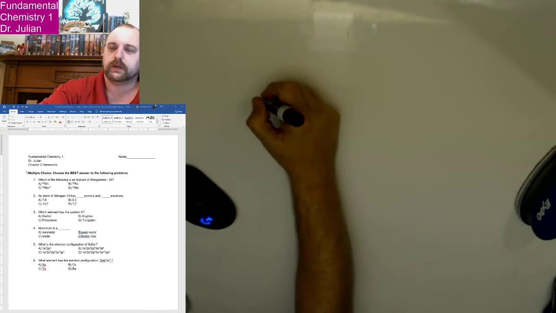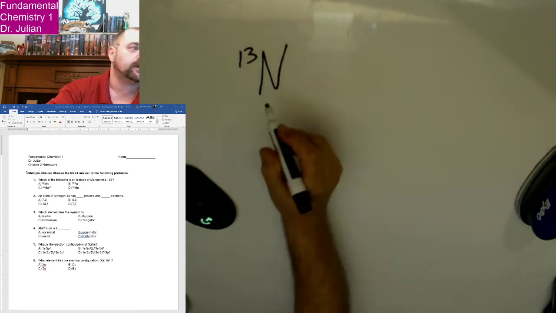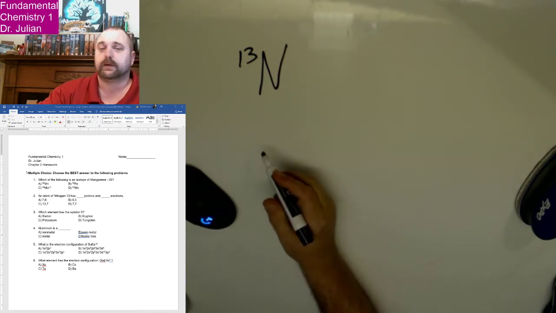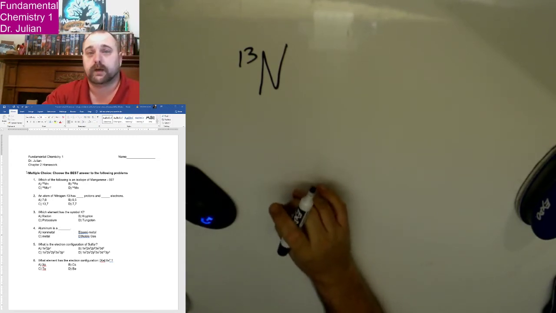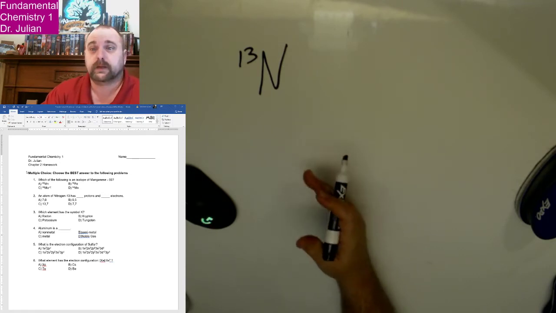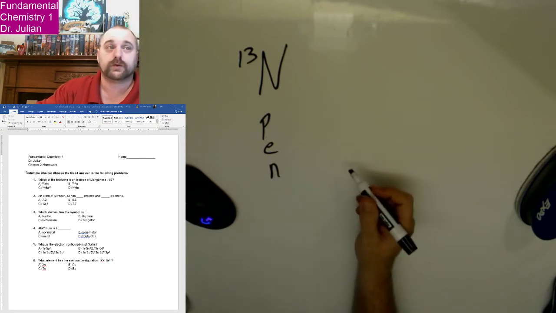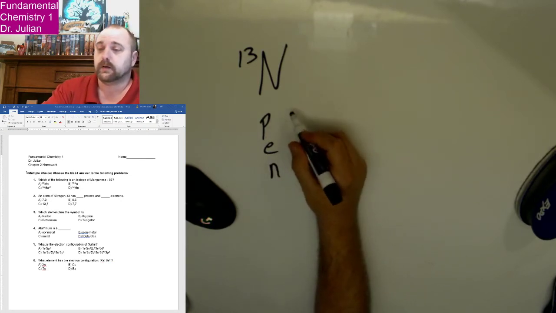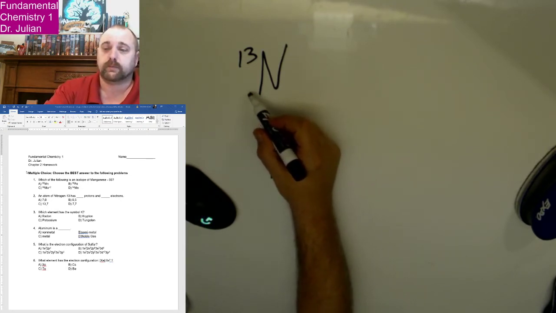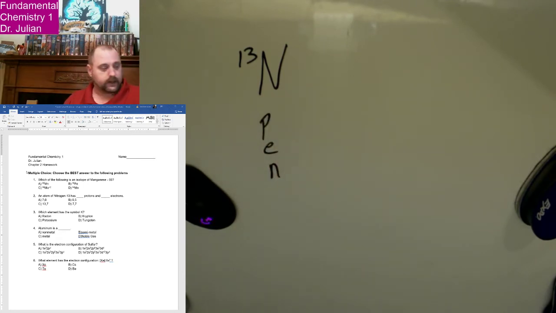Nitrogen 13. So N 13, and it's asking about protons and electrons. People miss this all the time because they do the wrong math. They get confused. So always do these the same: protons, electrons, neutrons. So my protons, we're going to get off the periodic table, and that's going to be my atomic number for the nitrogen.